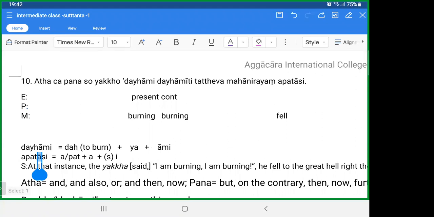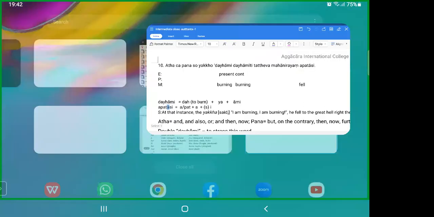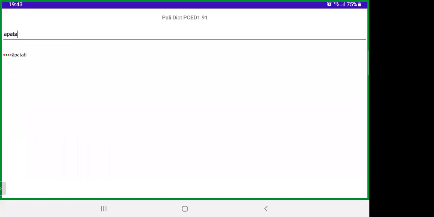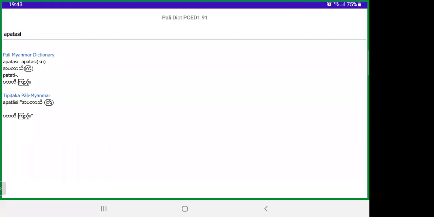You don't know. You're waiting for the answer. Look in the dictionary. You all installed this dictionary already, right? So you just type in your dictionary apatasi. Patati, apatasi.